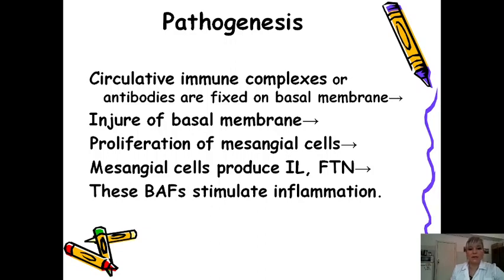As a result, those immune complexes injure basal membrane of glomeruli. As a result, we see proliferation of mesangial cells in the glomeruli, and mesangial cells produce interleukins, tumor necrosis factors, and these biological factors stimulate inflammation.